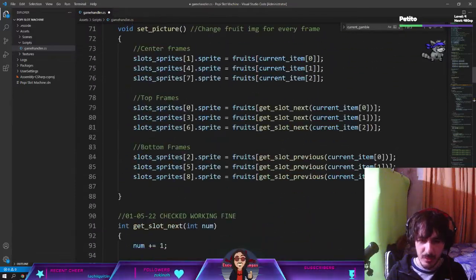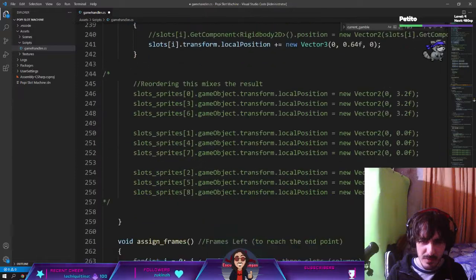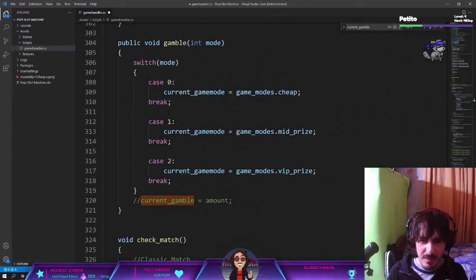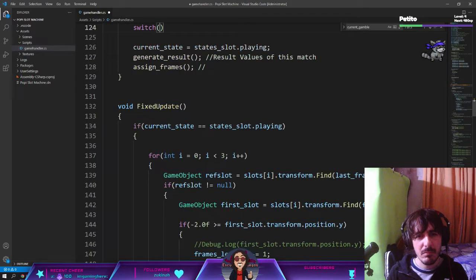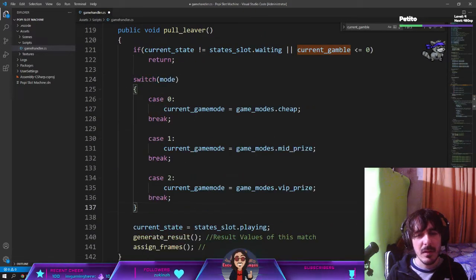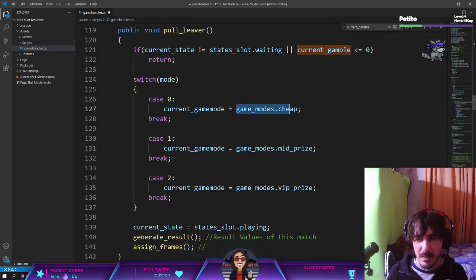I have to create a switch again to determine in which game mode the player is here. And then current game mode, cheap, current game mode.